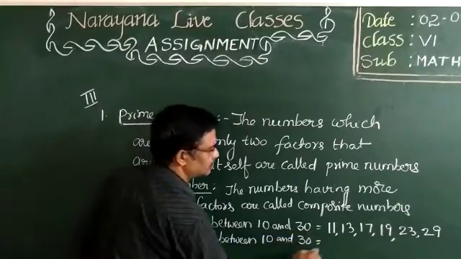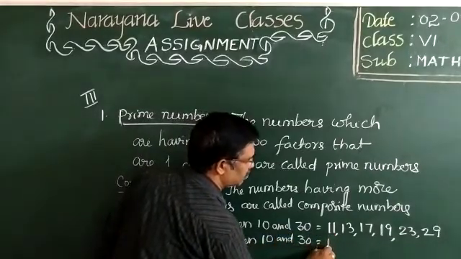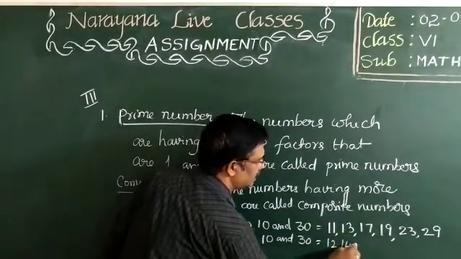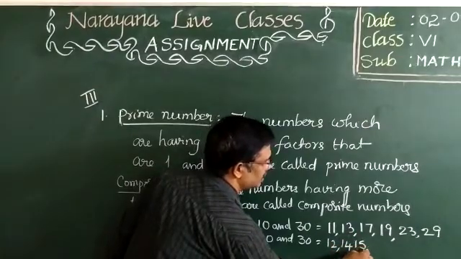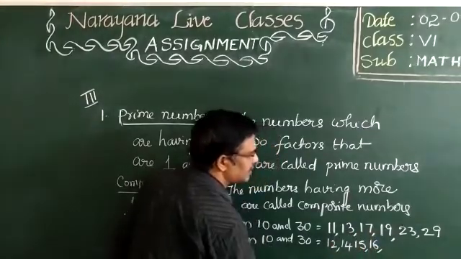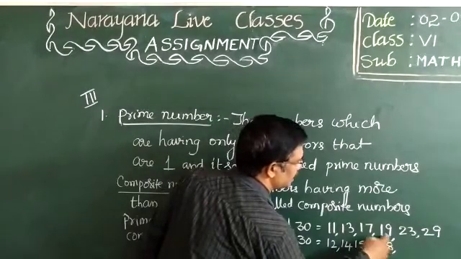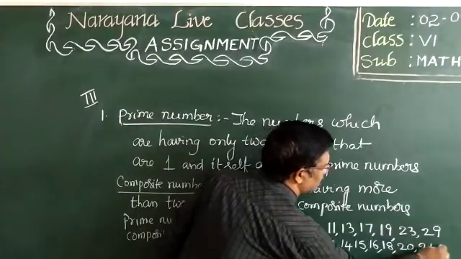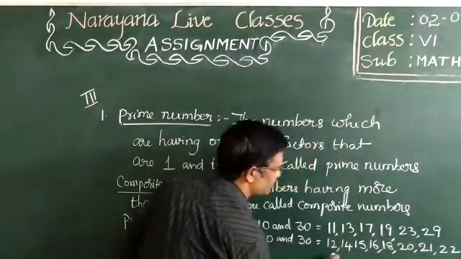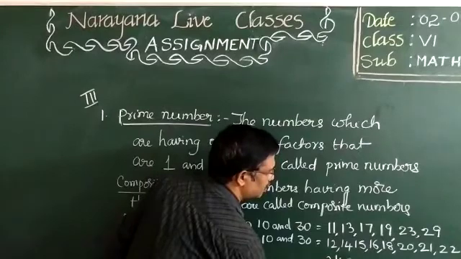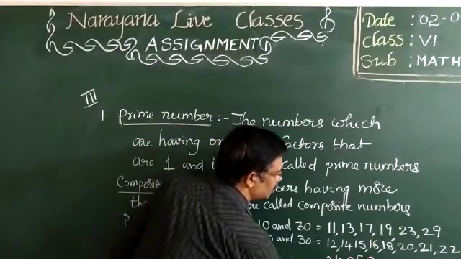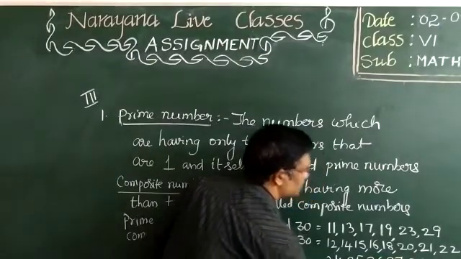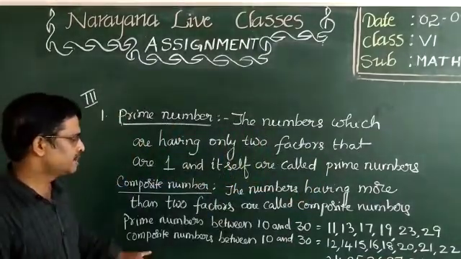After 10, 11 is prime, 12, 13 you are leaving, 14, 15, 16, 17 is the prime number, 18, 19 is the prime number, 20, 21, 22, 23 is the prime number, 24, 25, 26, 27 and 28. So these are the composite numbers between 10 and 30.